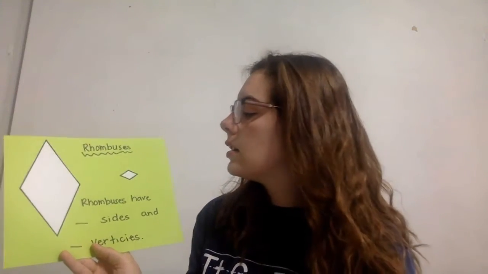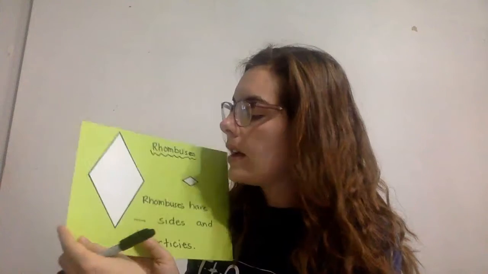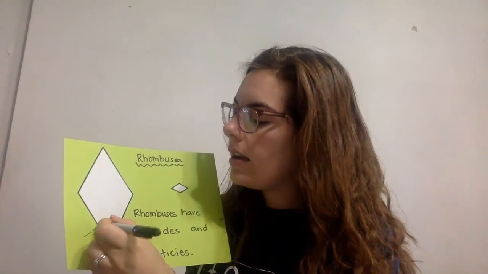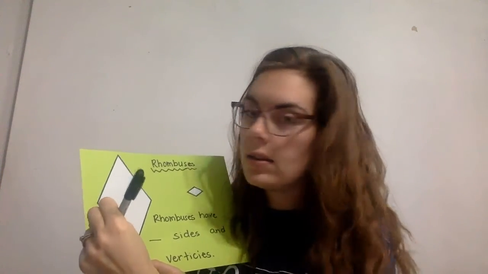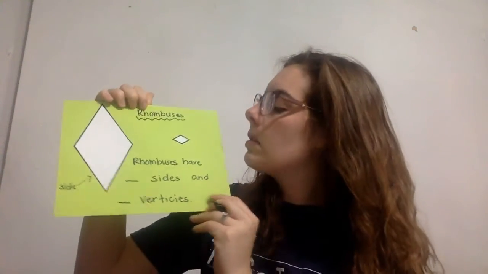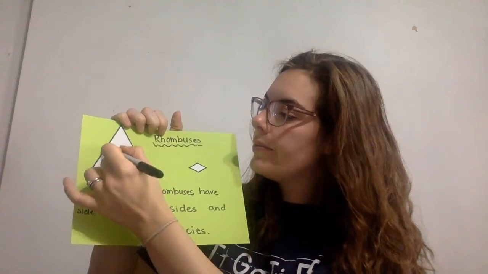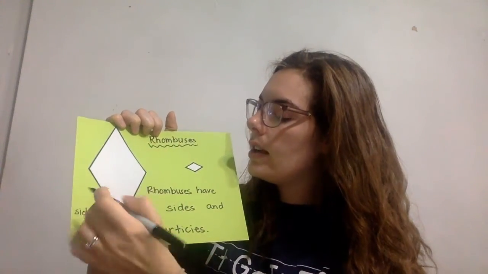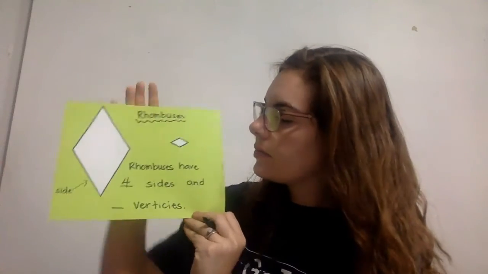Let's count it on the little one. 1, 2, 3, 4. Okay, I'm going to go ahead and draw an arrow and write side. Okay, so that I can remember that that's a side. Let's count it one more time so we can fill out this. Rhombuses have blank sides. 1, 2, 3, 4. So they have 4 sides.